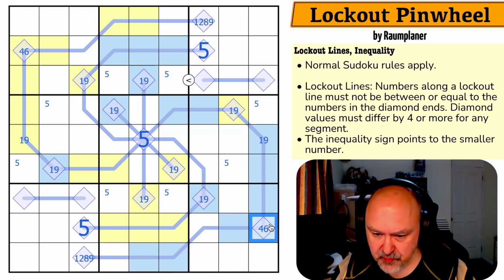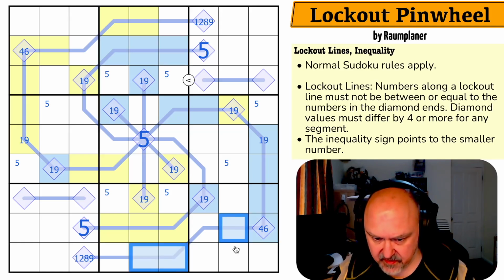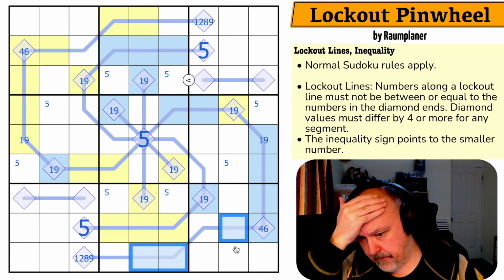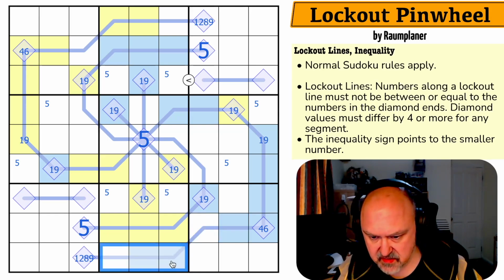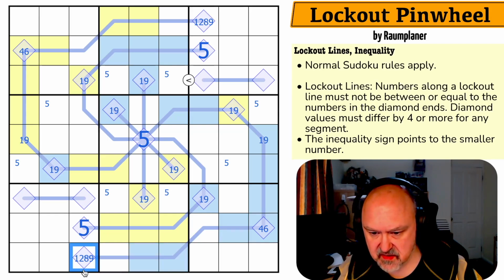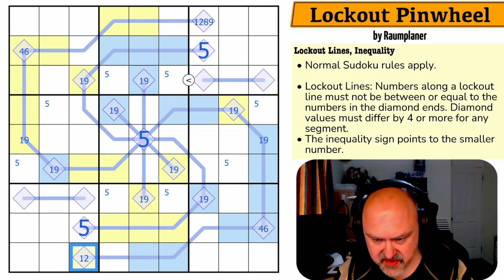So if this is a blue 6 and these are blue, the only digits I'm playing with are 7, 8, 9. So these are all the blue high digits. So this is yellow. It has to be the opposite colour because there's no 5 available. And it's 1, 2.